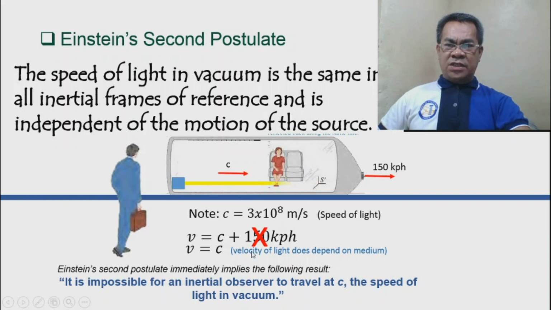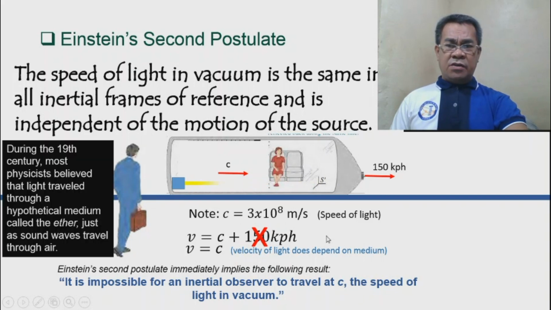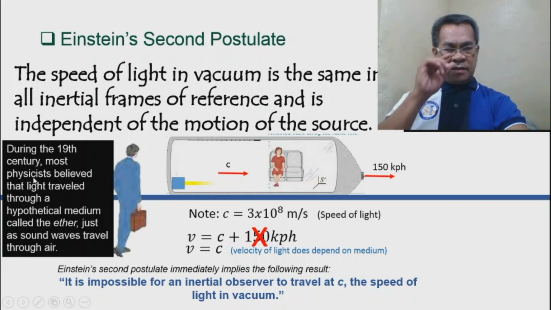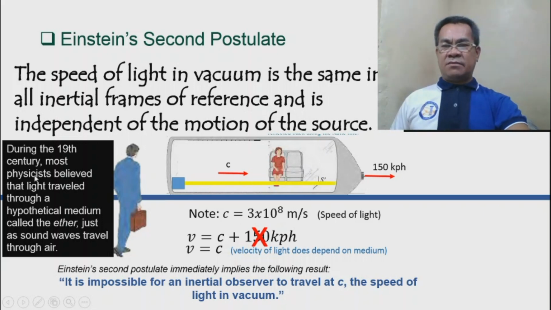Okay? So the question is, what is the basis of Einstein for this second postulate? Now, according to the book, in the 19th century, physicists believed that light travels through a hypothetical medium called ether. This is the perspective of the physicists during this time, like Maxwell and other physicists, who believed that light moves with respect to the medium ether.